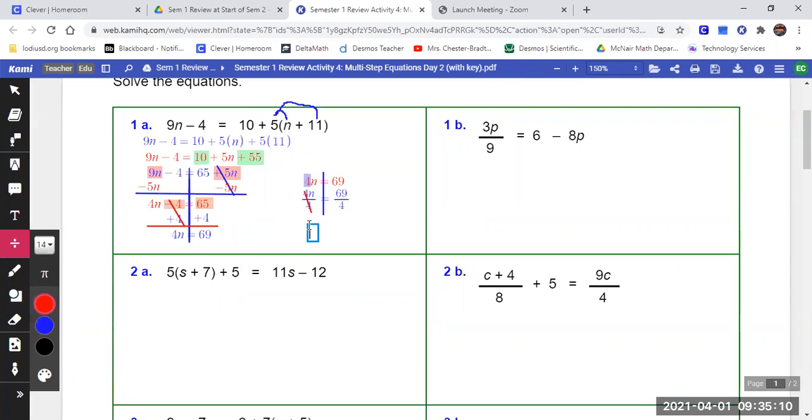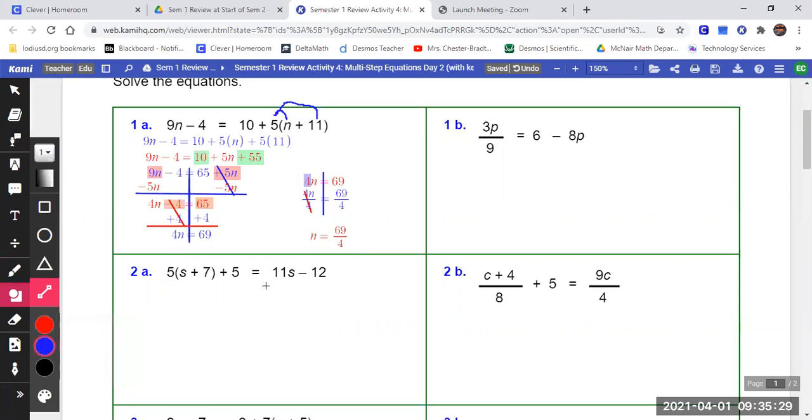But what if it was 66? Could 4 and 66 get simplified? Because they both divide by the same number? Yes. Could 4 and 68 get simplified?